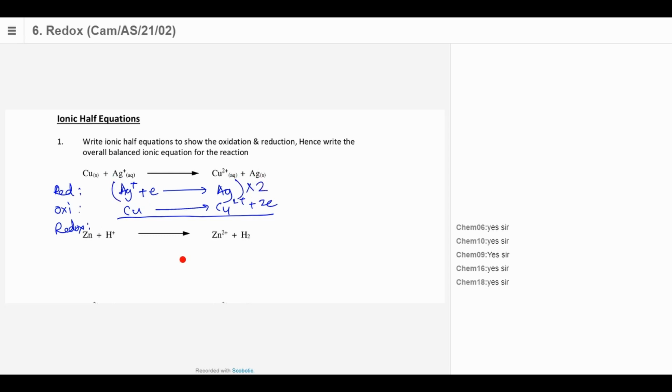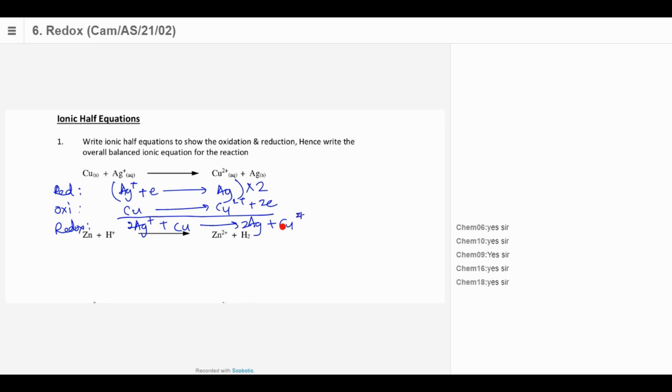Therefore, you have to equalize the electrons. To do that, you can multiply the entire reduction half equation by 2. You then have 2 electrons on the left side and 2 electrons on the right side. So now you simply add the two half equations.